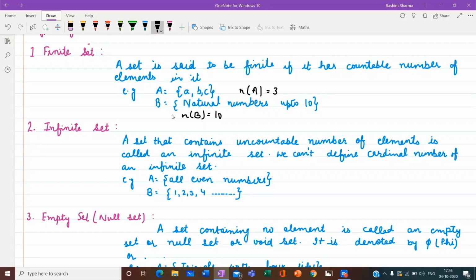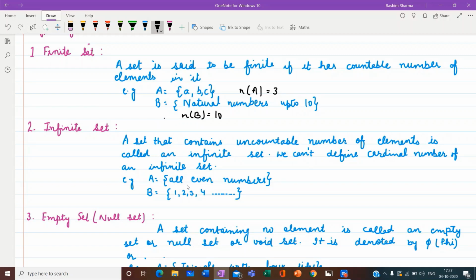Alright. Second is infinite set. A set that contains an uncountable number of elements is called an infinite set. We cannot define the cardinal number of an infinite set, means where we have an unlimited number of elements. So that is an infinite set. Let us take this as an example.